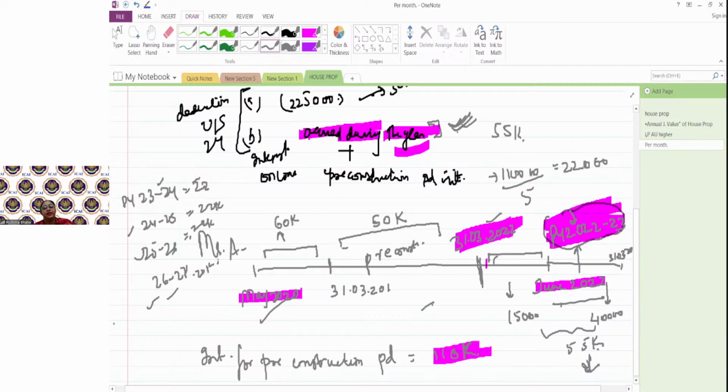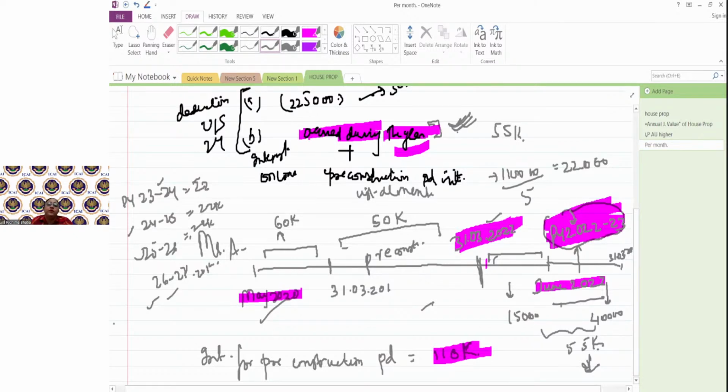So can I say the deduction for interest on loan taken for the house property is allowed under section 24B. It is interest accrued during the year plus the installment of pre-construction period interest. To calculate that installment, you have to first identify what the pre-construction period is. Then calculate the total interest accrued in that pre-construction period. Then calculate 1/5 of it.